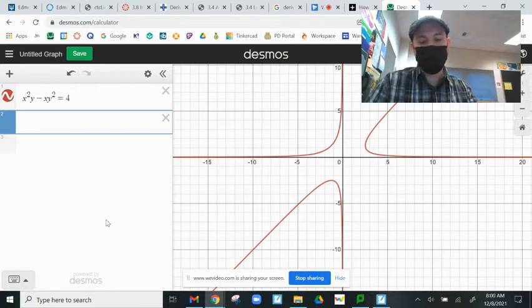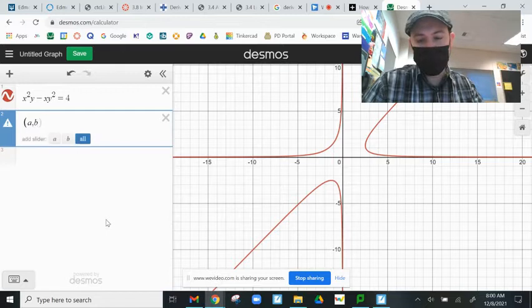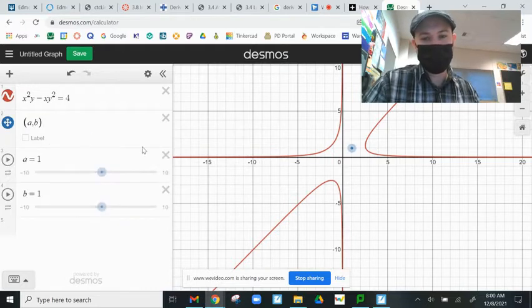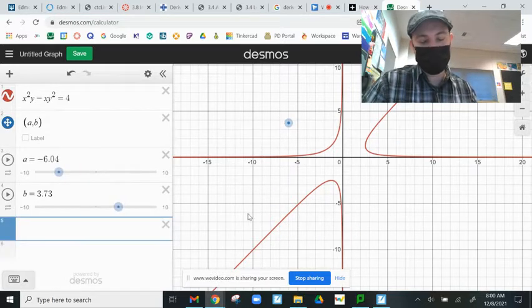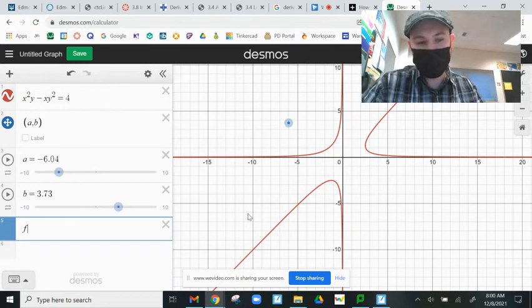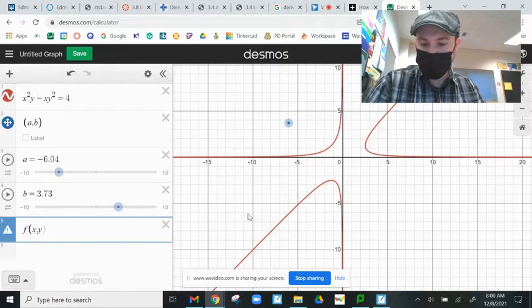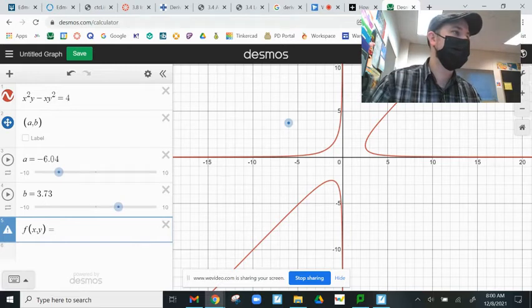And then something I can do to visualize the derivative, it's a little bit convoluted, but I can add a point with sliders, and this point can freely move, and then I can define the tangent line of the function. This is only if I know the derivative. We solved for dy/dx earlier.